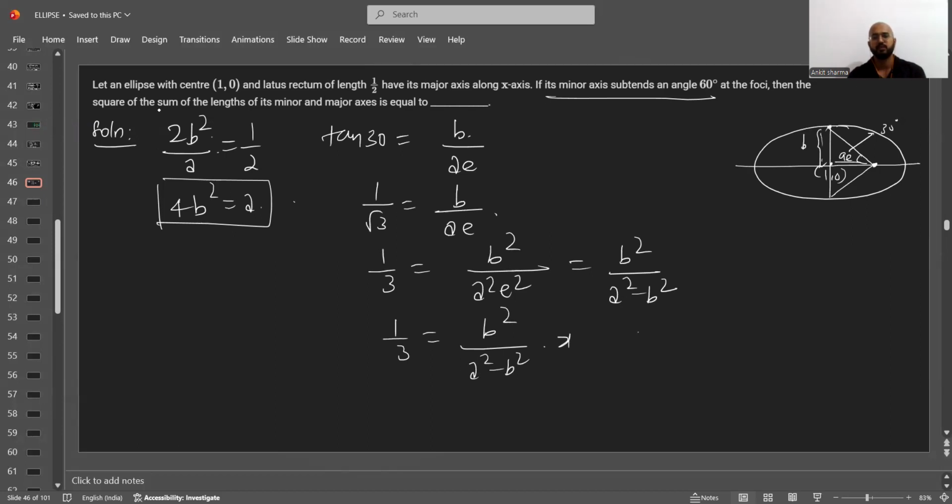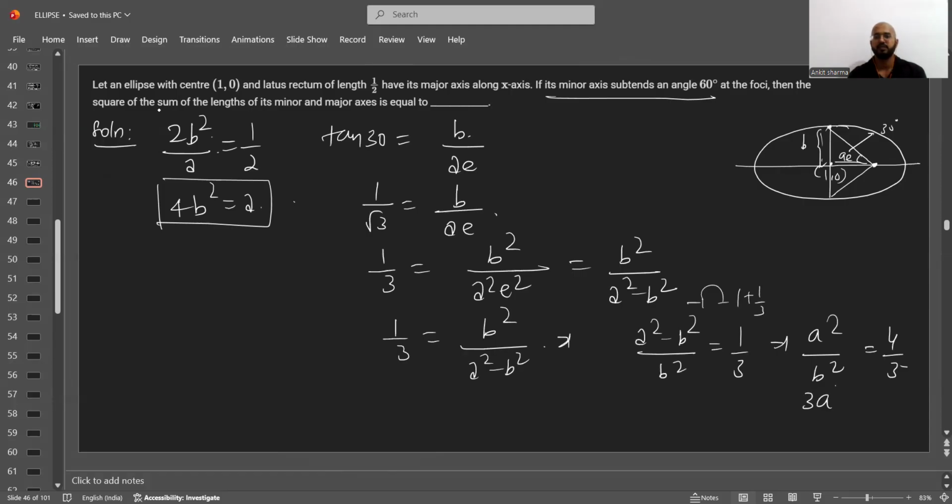So we'll take the reciprocal here. So A square minus B square over B square is equal to 1 by 3. This gives me A square by B square equal to, I'll transfer this thing here, so 1 plus 1 over 3, which is 4 over 3.